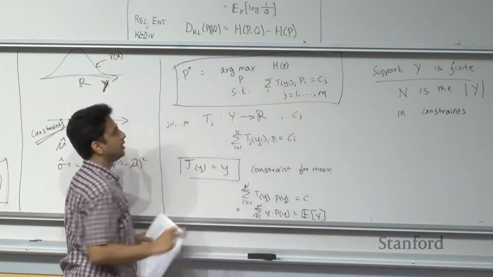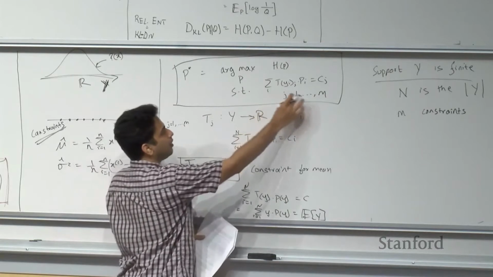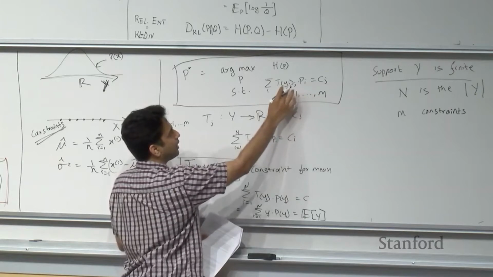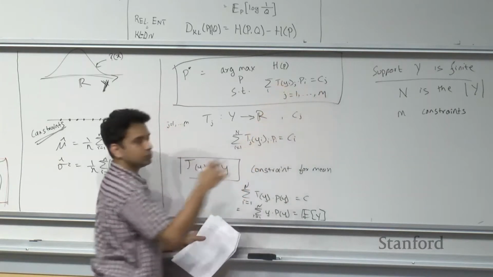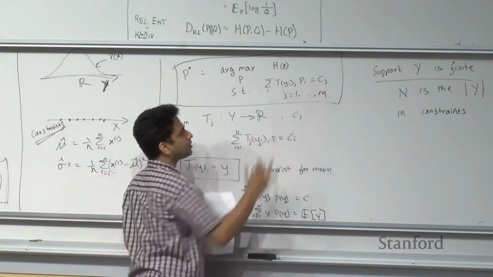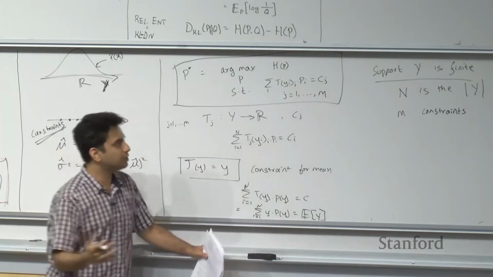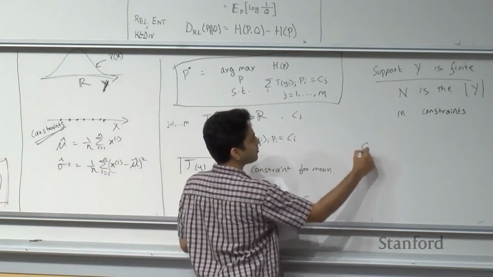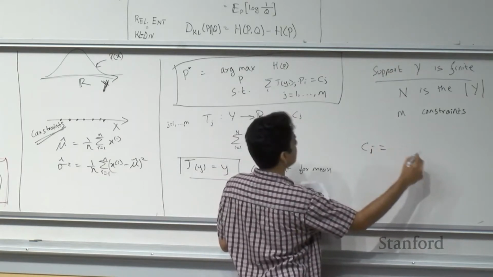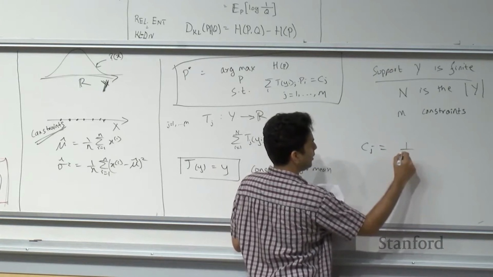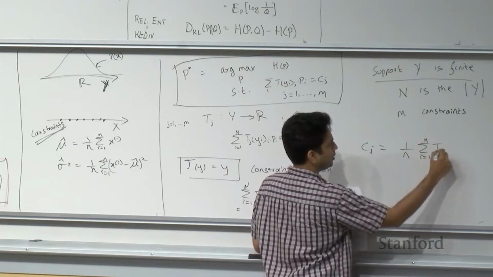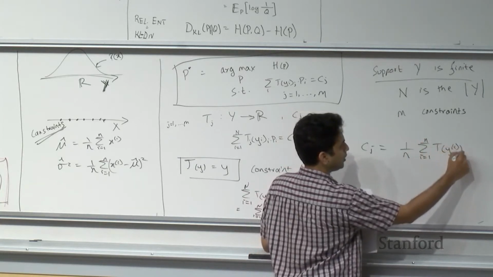So there are m such t functions, and all of them must satisfy this kind of constraint where the expectation of t is equal to some constraint value c. Most of the time these constraints arise from the observed data, where c_j will be equal to 1 over n, where n is the number of examples, the sum over i equals 1 through n of t_j of y_i.